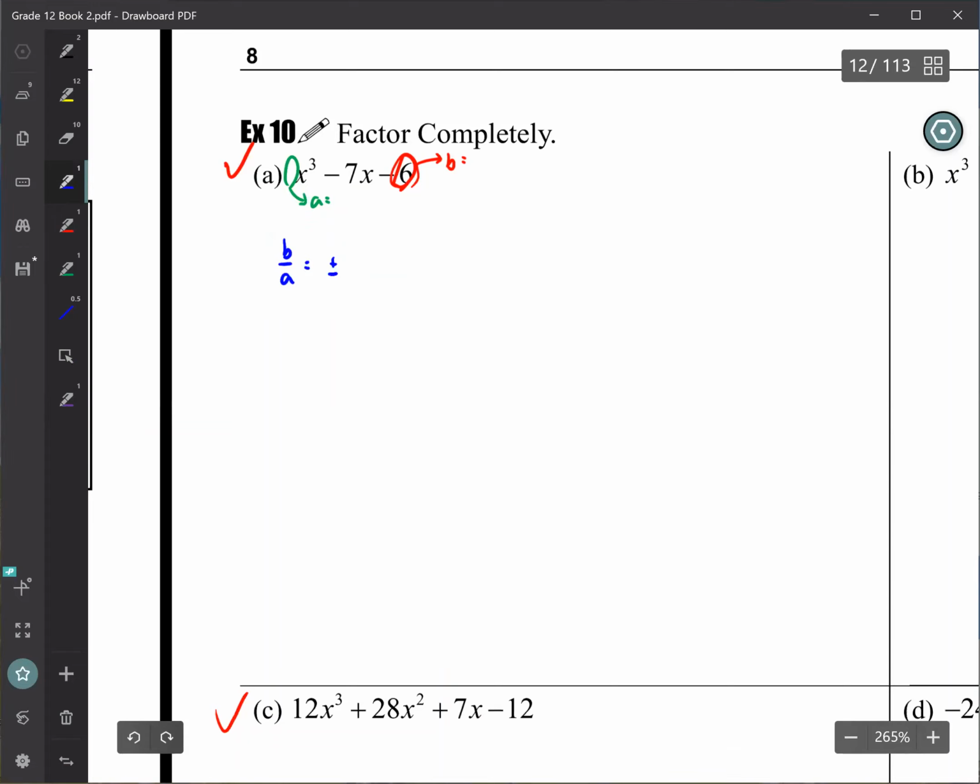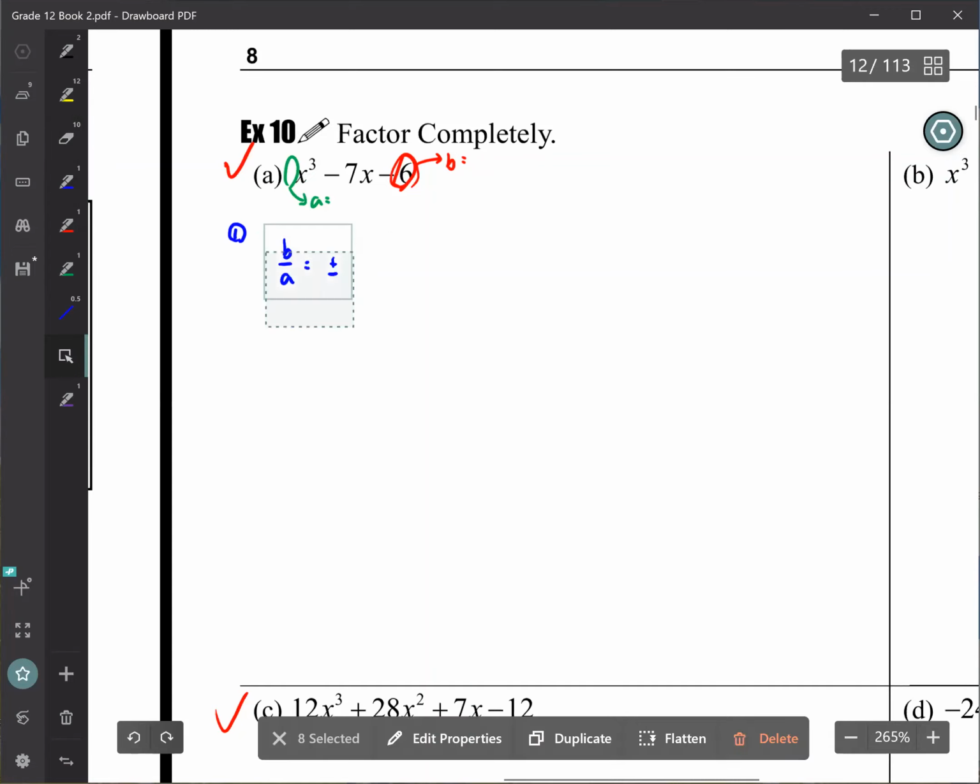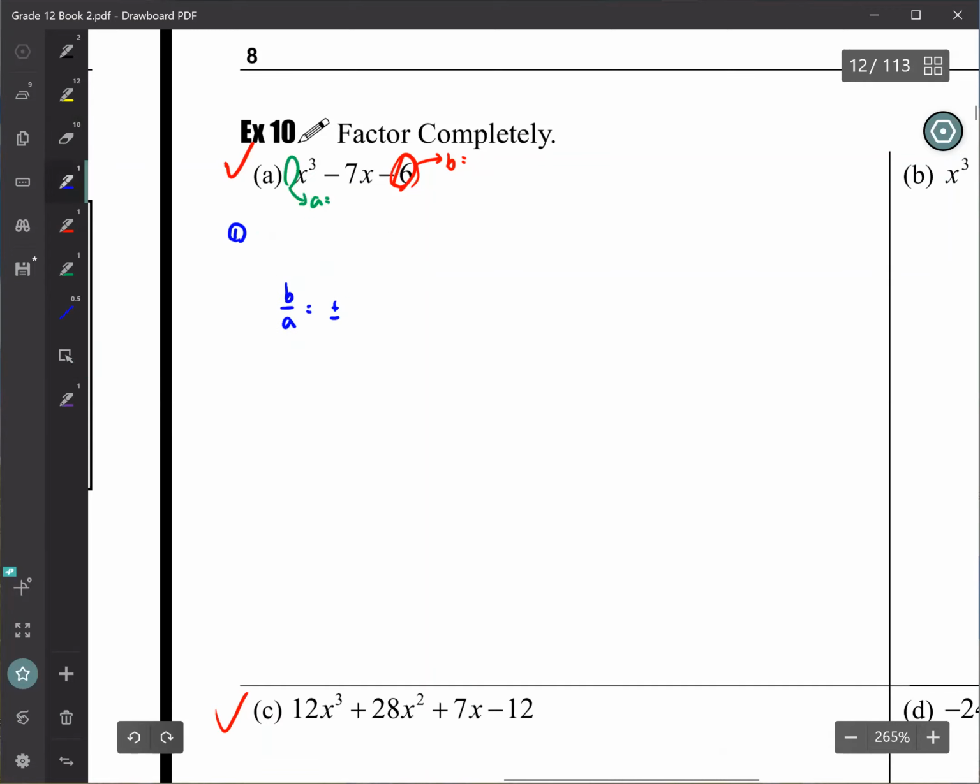So your step 1, let's write down the step, put it in words. Step 1, you can say find a factor using the factor theorem.